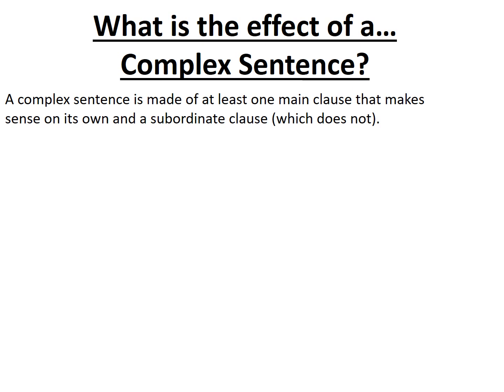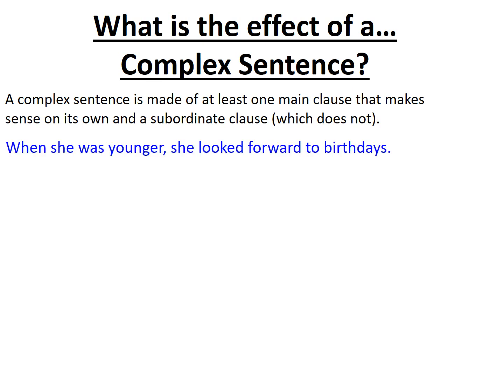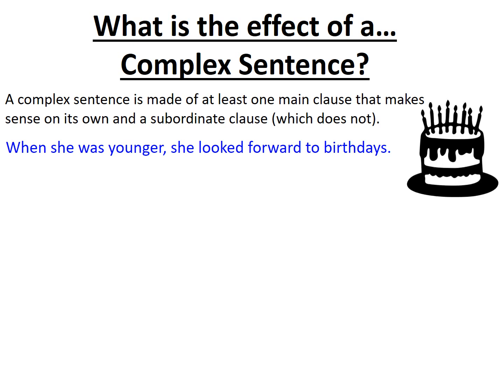Let me demonstrate with a sentence for you. When she was younger, she looked forward to birthdays. Now, if you focus on the end of the sentence, after the comma, it says, she looked forward to birthdays. Now, this is the main clause because my subject is she, the verb is looked, and the object of the sentence are the birthdays.